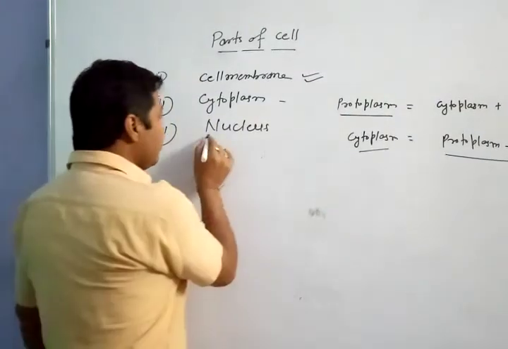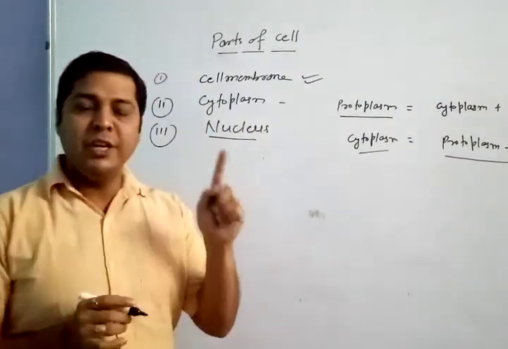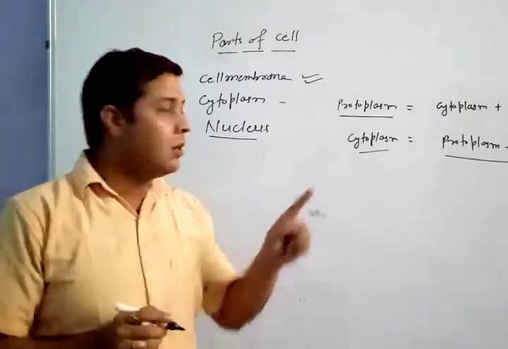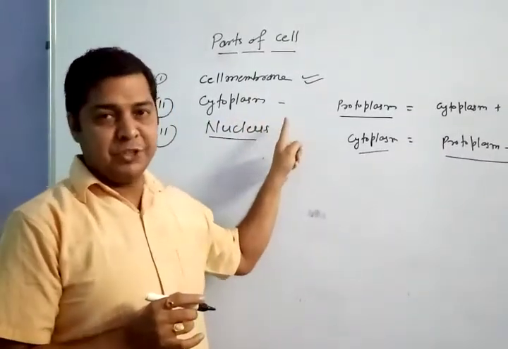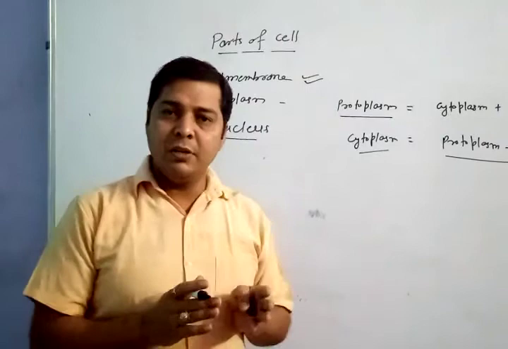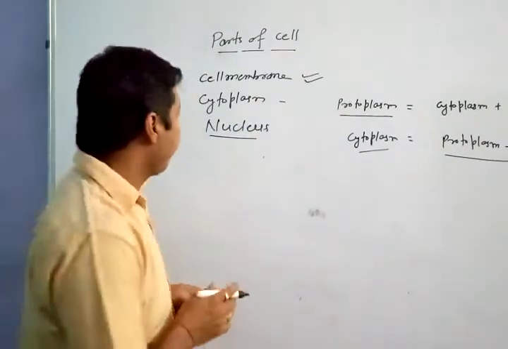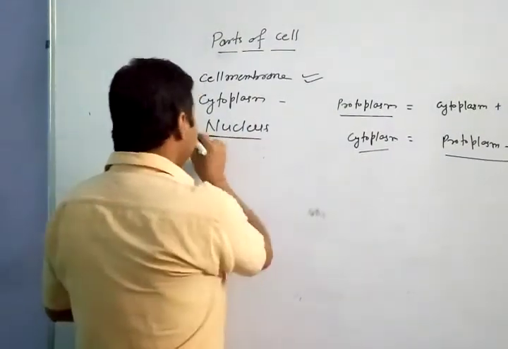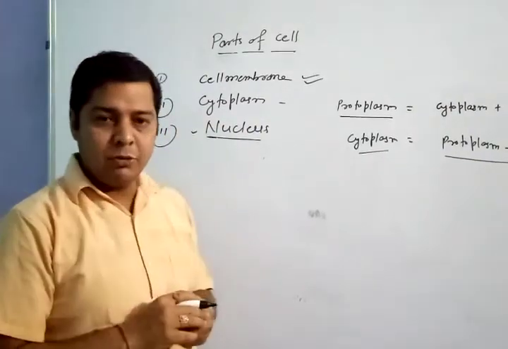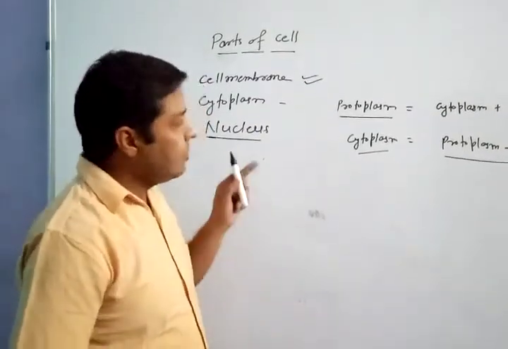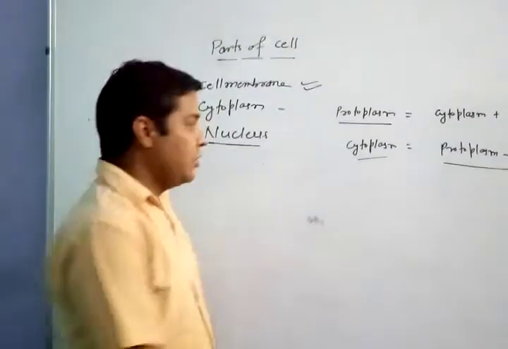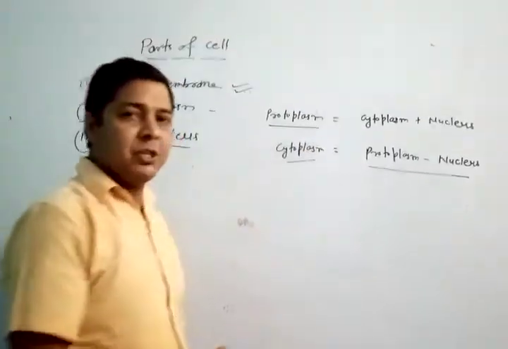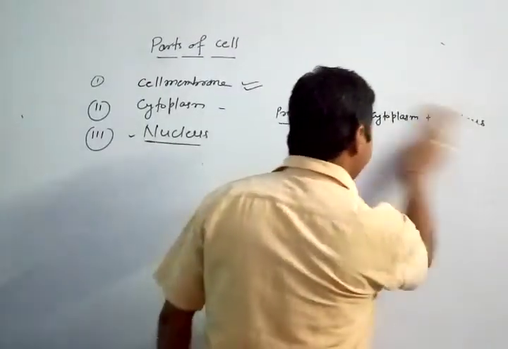And third is nucleus. About the cytoplasm you need to make notes from the textbook, and in case of any question, feel free to ask. I am talking especially about the nucleus. First we will see the structure of the nucleus and information about it.